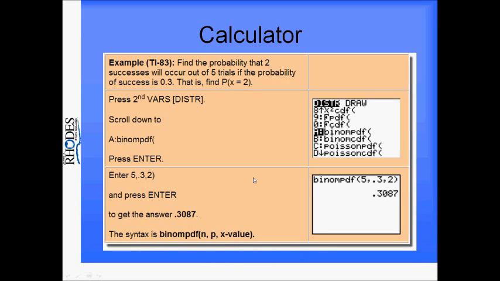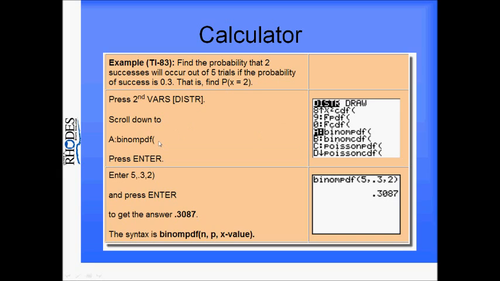Alright. Example for the calculator. Find the probability that 2 successes will occur out of 5 trials if the probability of success is 0.3. What we do is go to second vars, or distribution, and you should see this menu. You have to scroll down to the A here where it says binomPDF, because we want to know the probability of 2 alone.